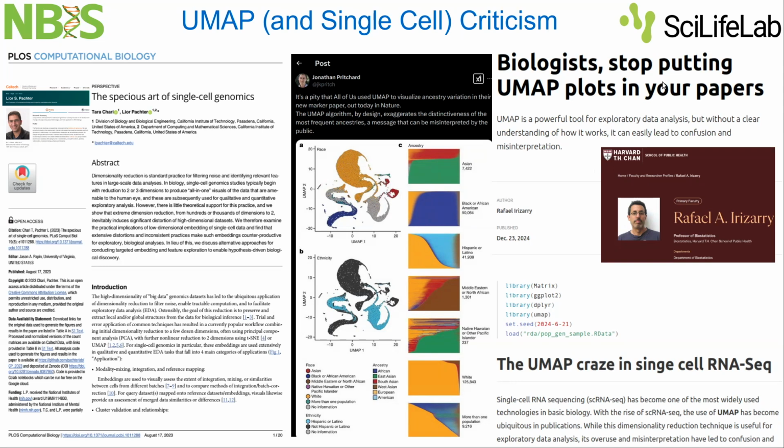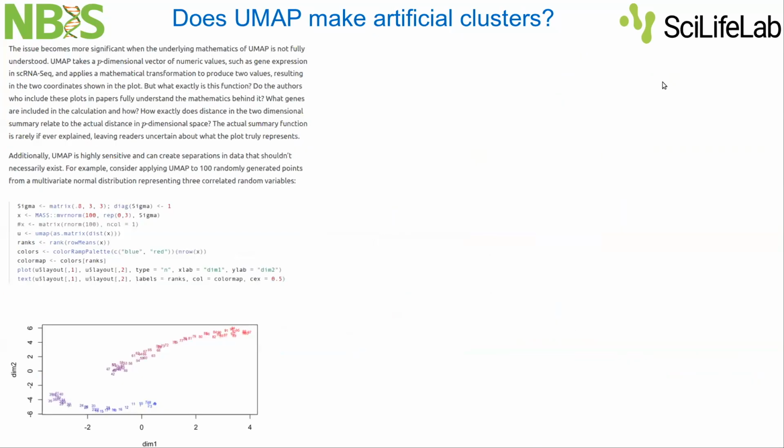So I inspected his arguments in much detail, and we had the discussion. Basically, what he claims is that UMAP generates artificial clusters. He simulates data from a multivariate normal distribution, where all the data points are supposed to be independent. But what you get from UMAP is these two artificial clusters, which is of course very worrying.